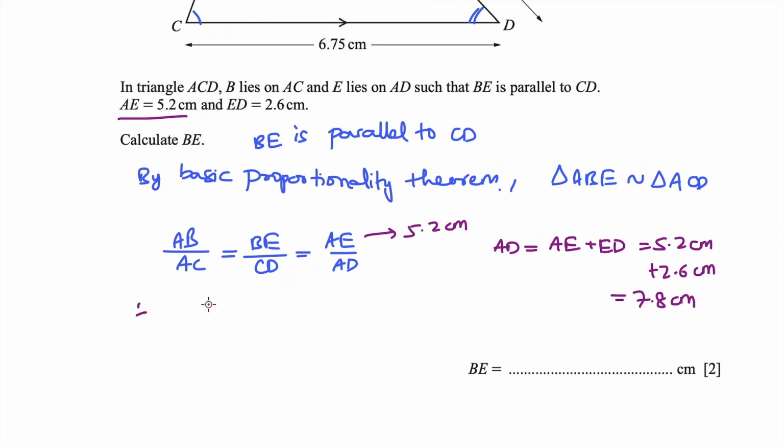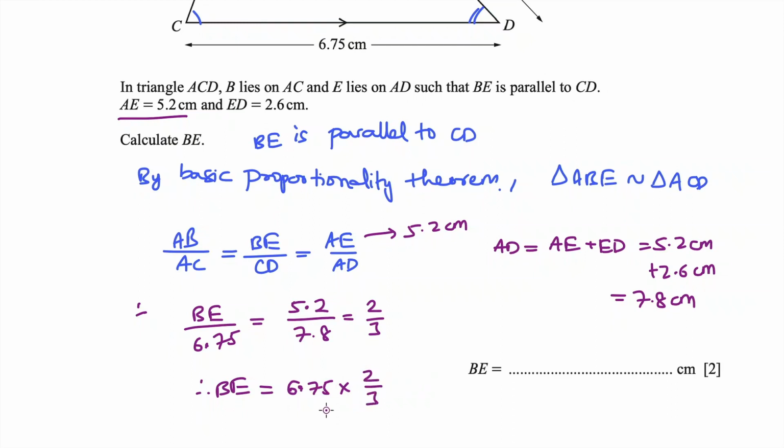So therefore BE divided by CD, which is 6.75, is equal to 5.2 divided by 7.8, and 5.2 divided by 7.8 is 2 by 3. So therefore BE is equal to 6.75 into 2 by 3. 3 goes in 6.75, 2.25 times, so 2.25 into 2, 4.5 centimeters.